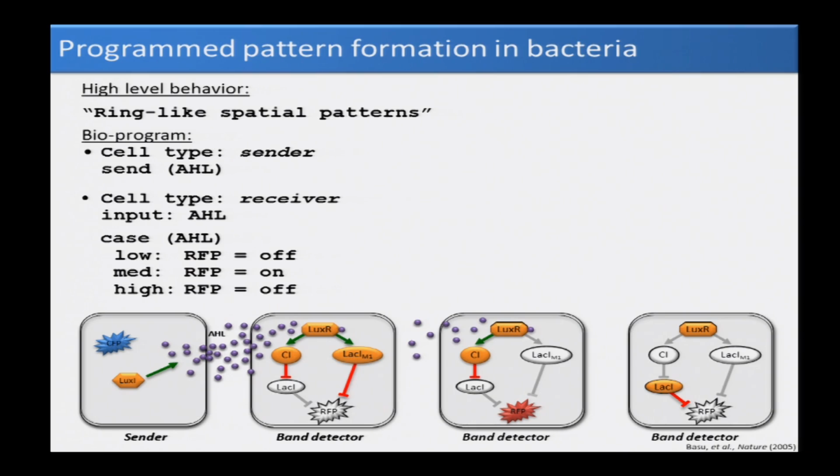This feed-forward motif has two branches, and these two branches have a different impact on the final output. Input comes in, it activates a fluorescent protein, and another branch represses the fluorescent protein. So it's an incoherent feed-forward motif.